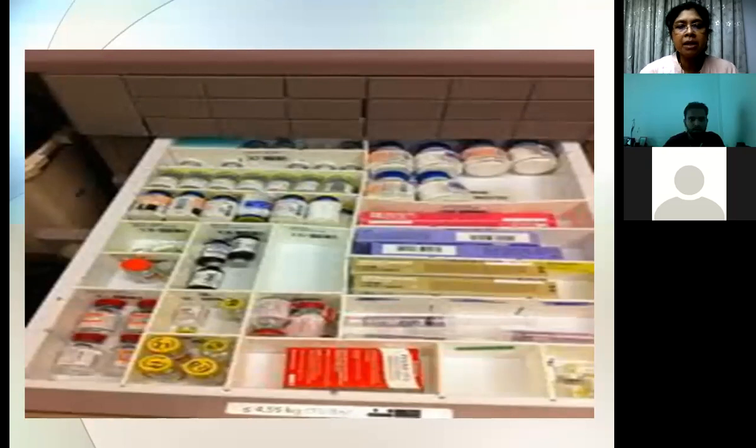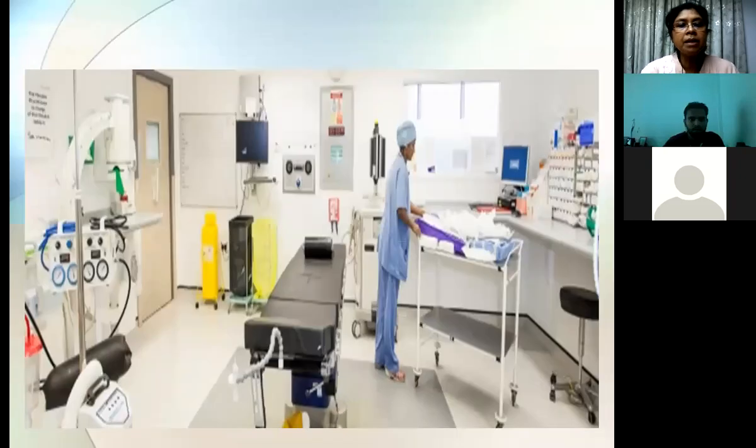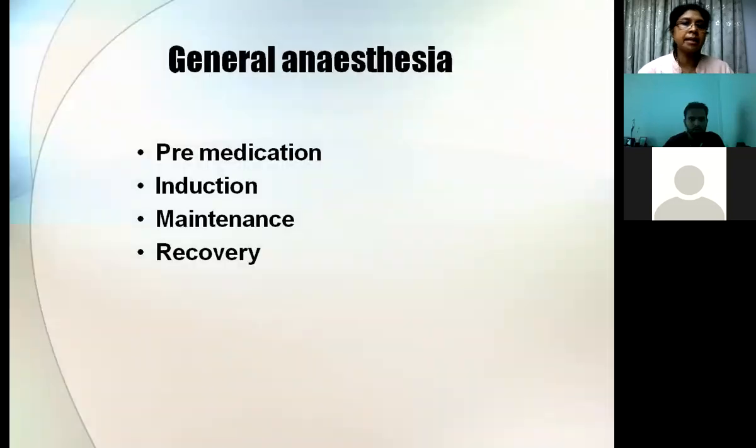Almost all the drugs we use are given through the parenteral route rather than the enteral route, like in wards. So I will tell you about the drugs as well as how we have to safely use these parenteral drugs.